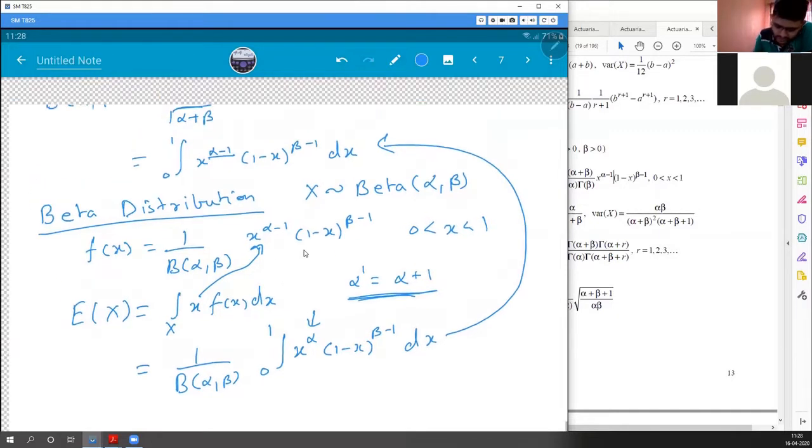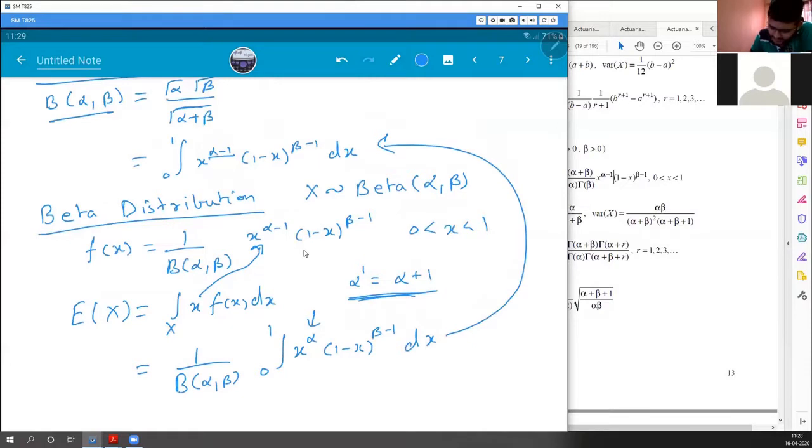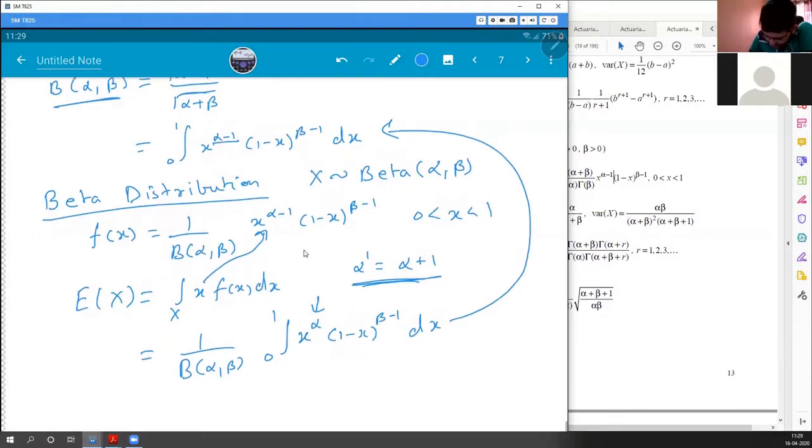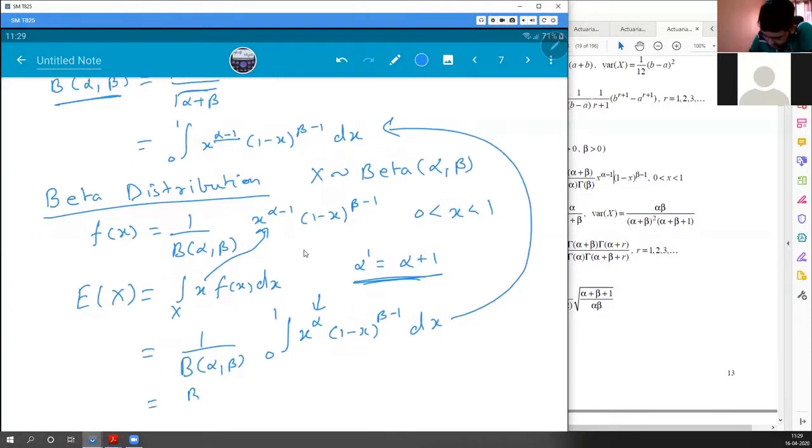So instead of this, we will be getting alpha plus 1. So we are going to get beta of alpha plus 1 comma beta.